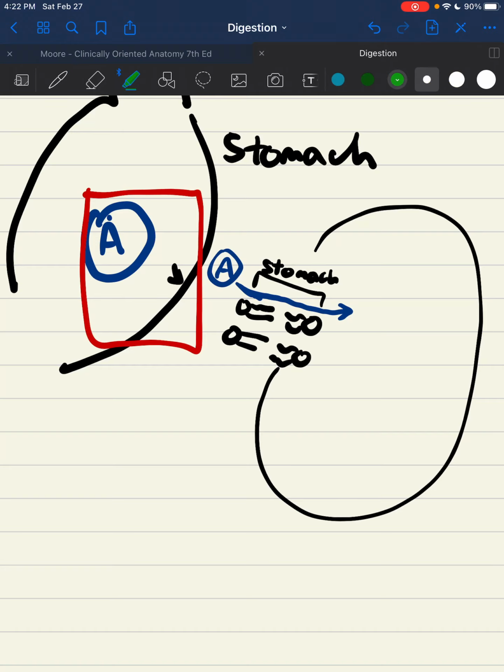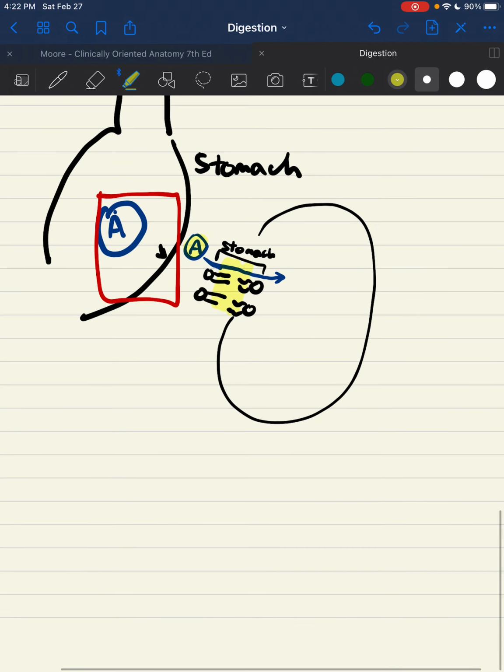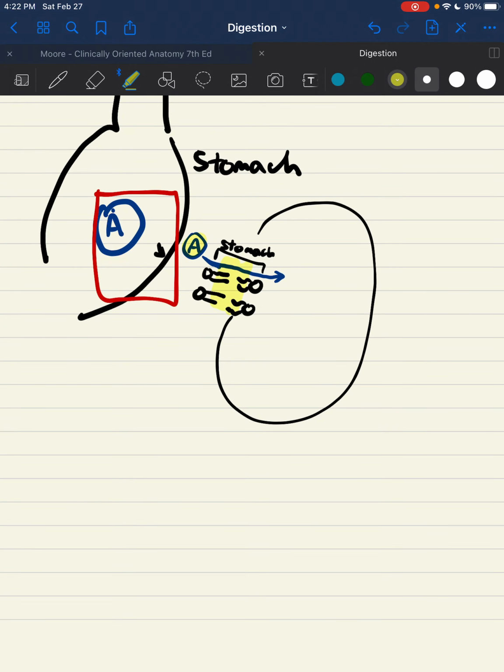Because what is the majority of this cell membrane? The majority of it is right over here, which is the fatty tail. So the majority of the cell membrane is fat. So if aspirin is also lipid soluble, it can easily cross the stomach cell. Notice behind the stomach cell, there's a lot of blood vessels.